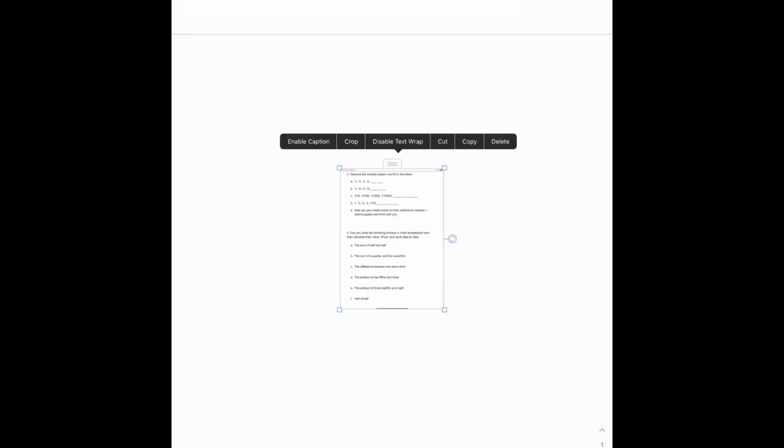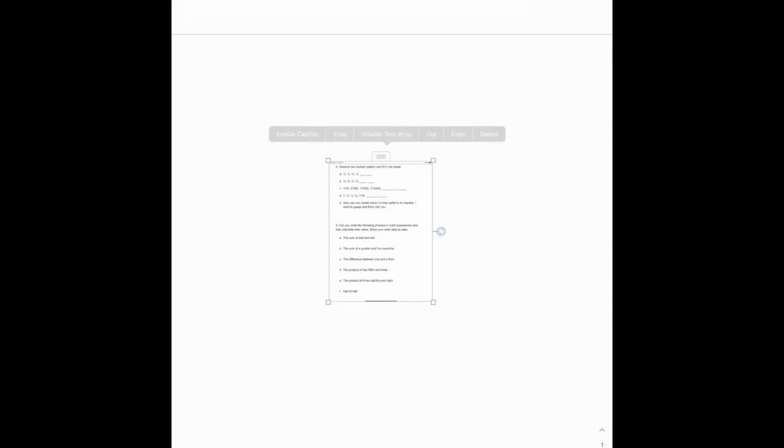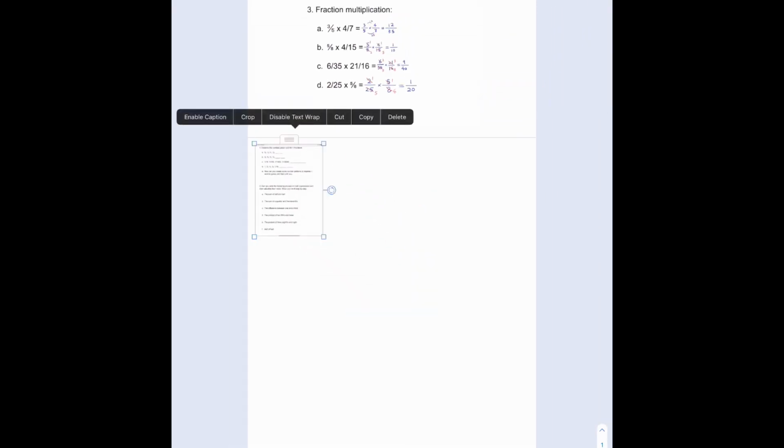Okay, now the next page. We will add a new picture. This one, insert a picture. Okay, make it small. Let me add a new page. Add page, add page.